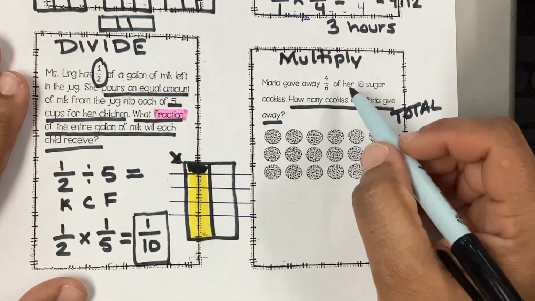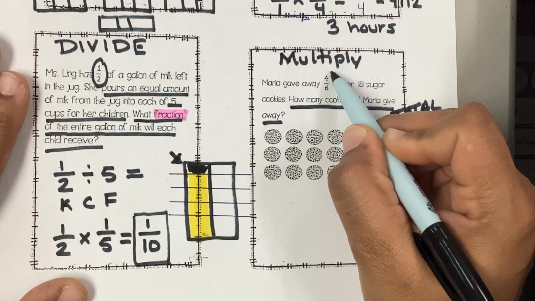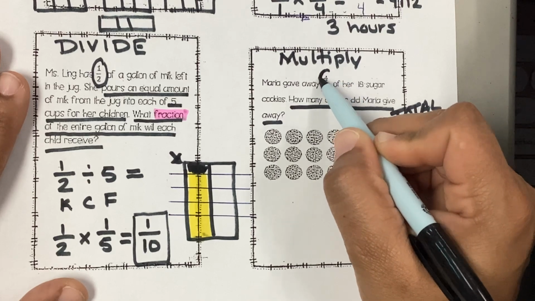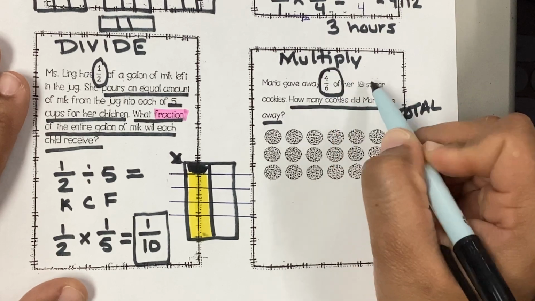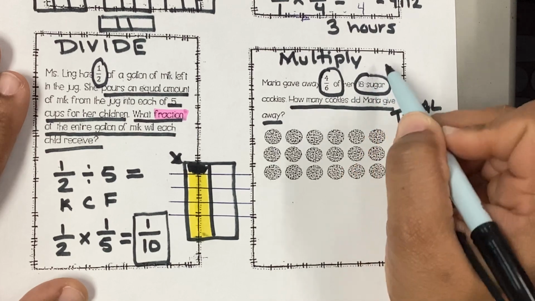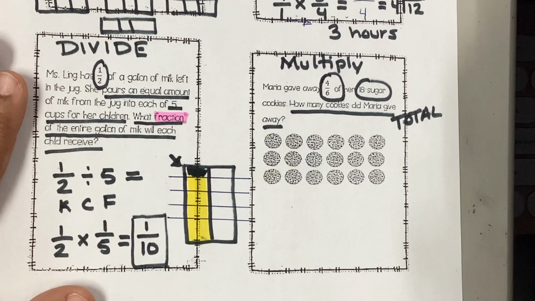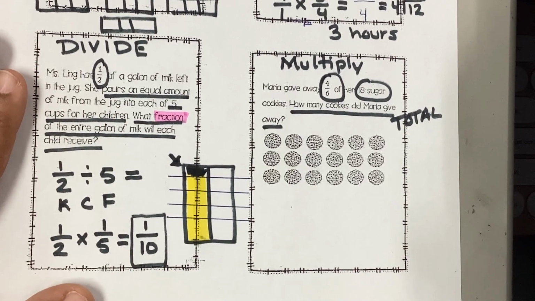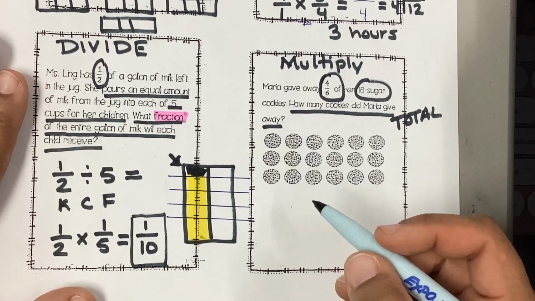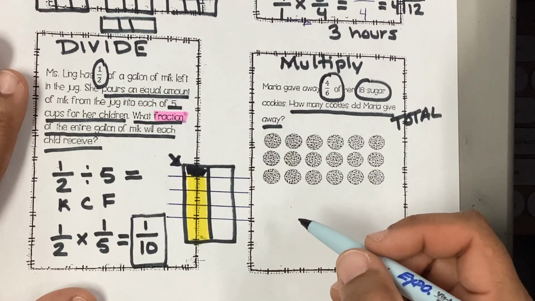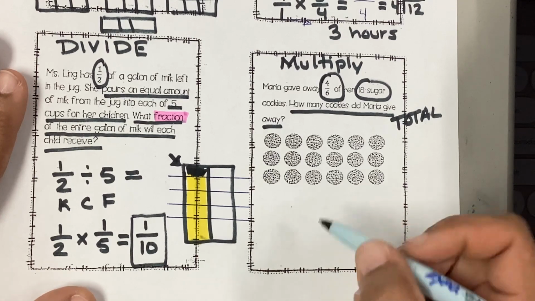We know that she gives away 4/6 of her 18 sugar cookies. So we want to know, what is 4/6 of 18?